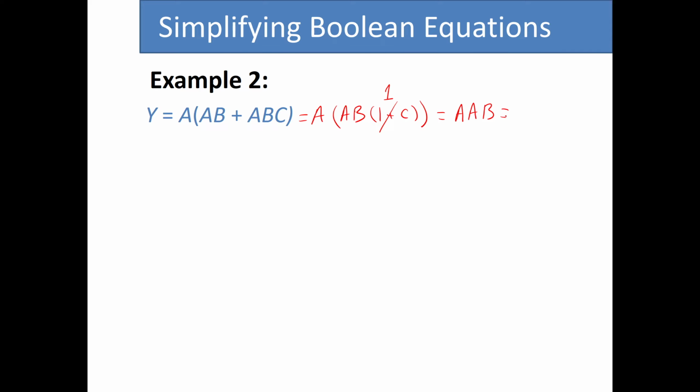Also, we had another theorem which said that any variable ANDed with itself results in the variable itself. So that means that A and A is A. So that basically says that the final result, the simplified representation for this equation, is AB.